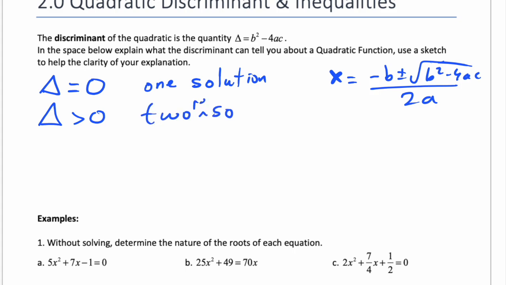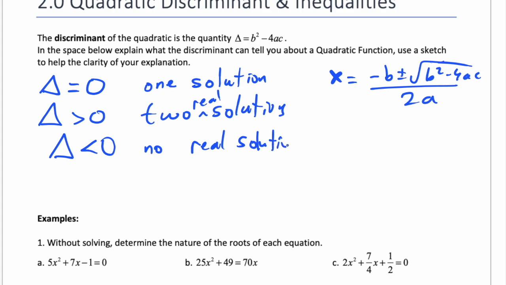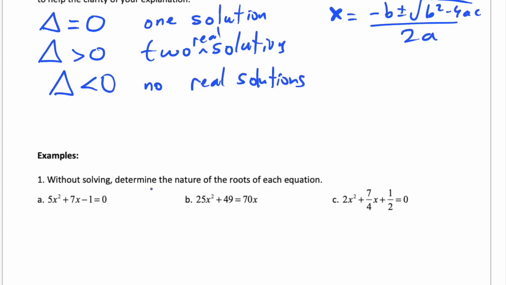Maybe I should say two real solutions. And if it's less than 0, then you're square rooting a negative, so you get no real solutions. So the discriminant can tell you how many real solutions there are.